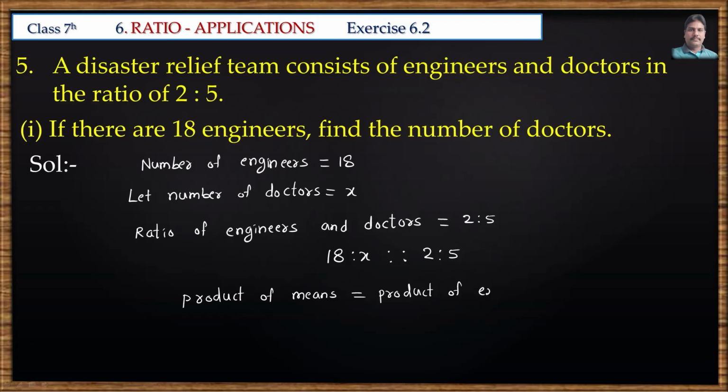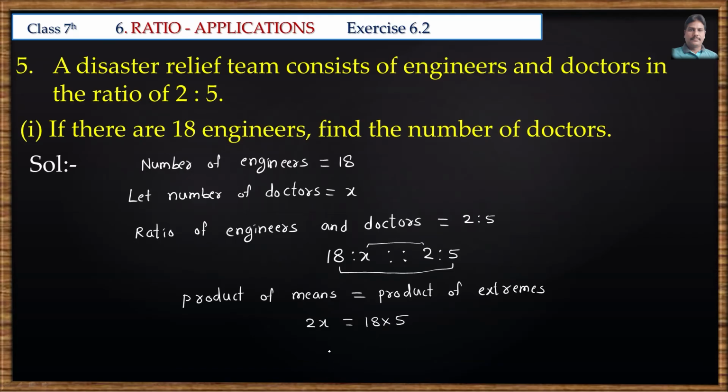The means are x and 2. The product will be 2x. Extremes are 18 and 5. This is equal to 18 into 5.